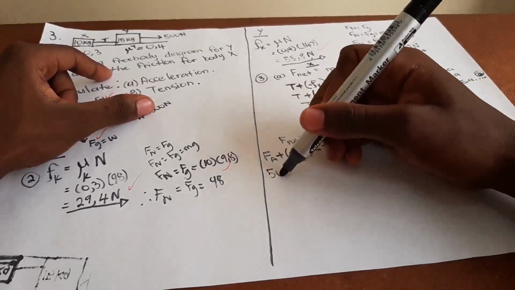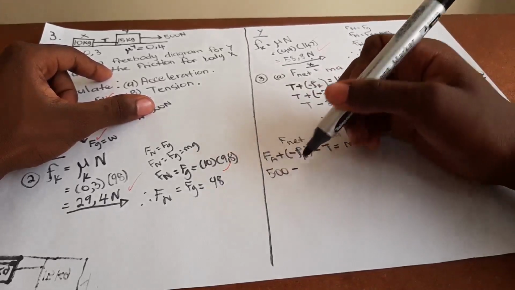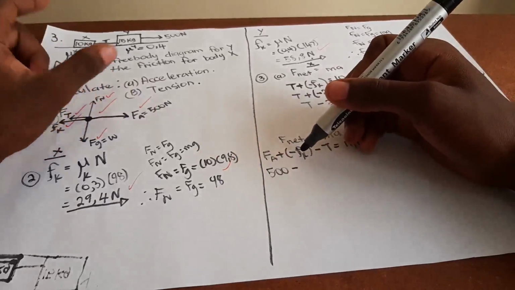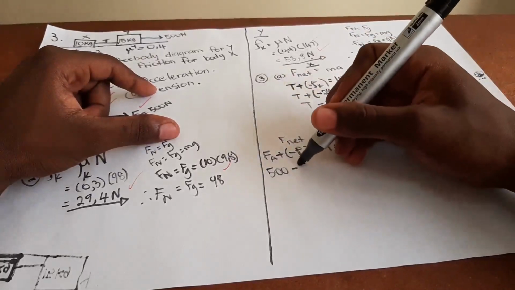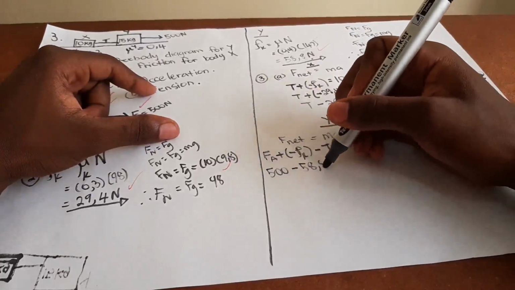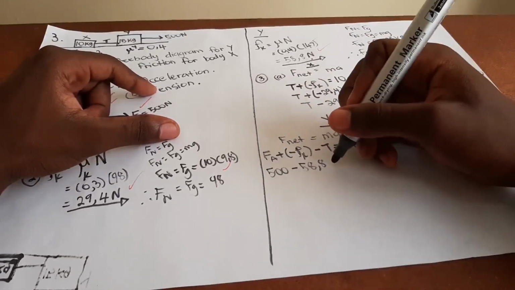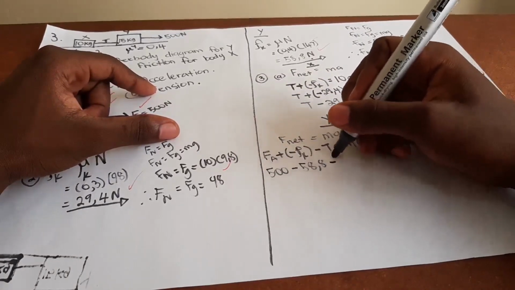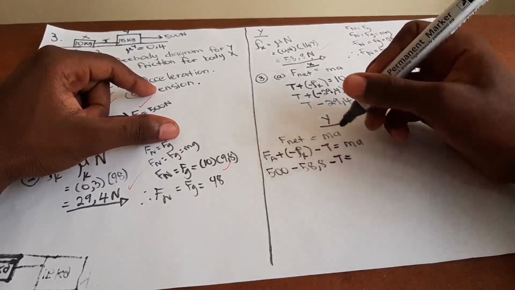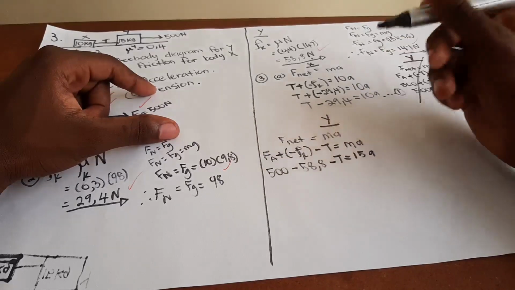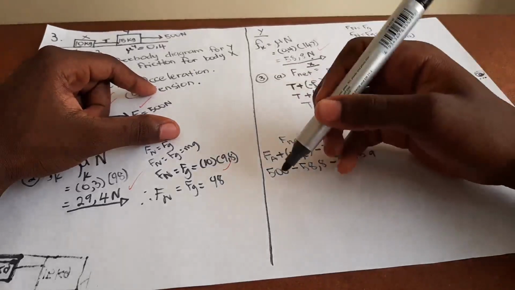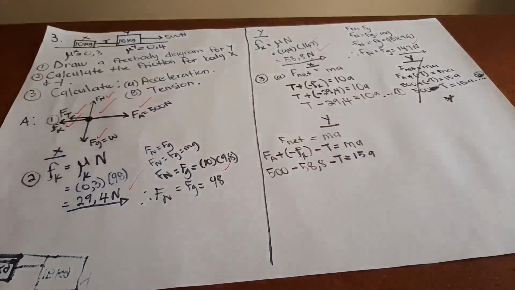So 500 minus 58,8 minus T is equal to, what's our mass? Our mass is 15A.